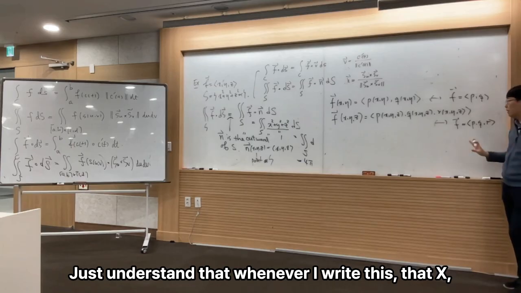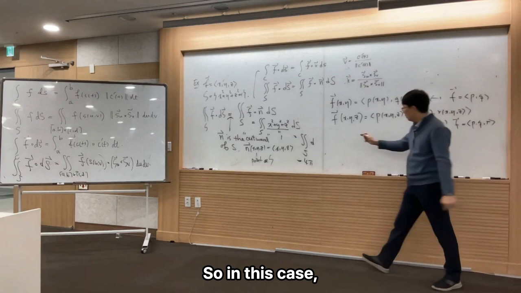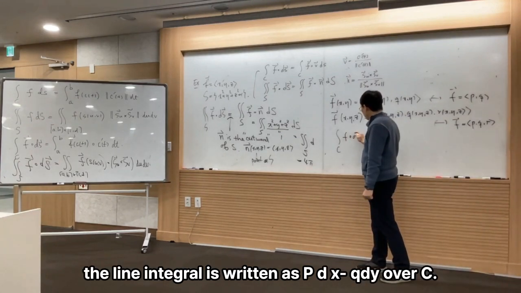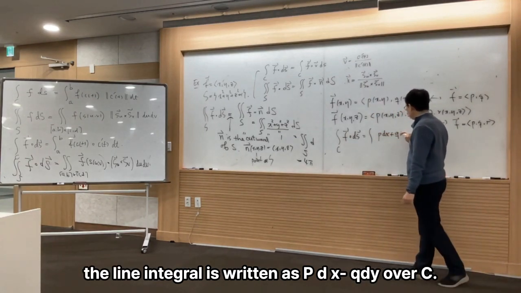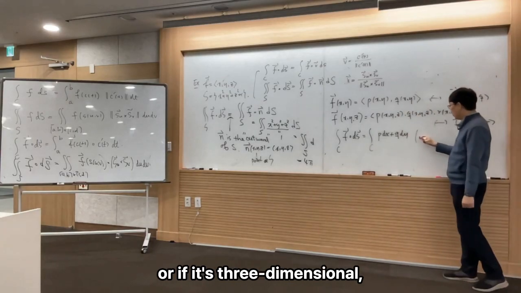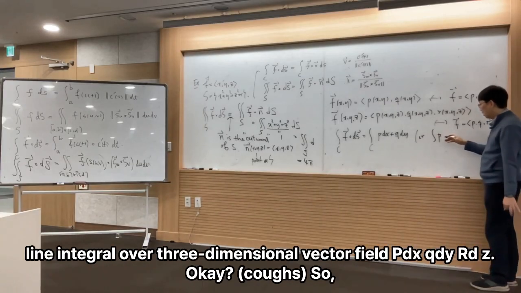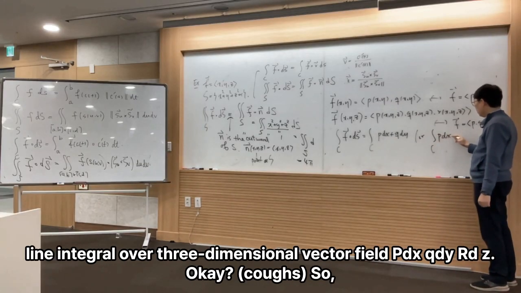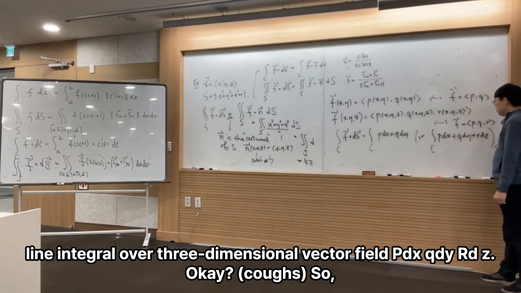Just understand that whenever I write this, the x, y, or x, y, z are omitted. In this case, the line integral is written as the integral over C of P dx plus Q dy if it's two-dimensional. If it's three-dimensional, the line integral of a three-dimensional vector field is P dx plus Q dy plus R dz.